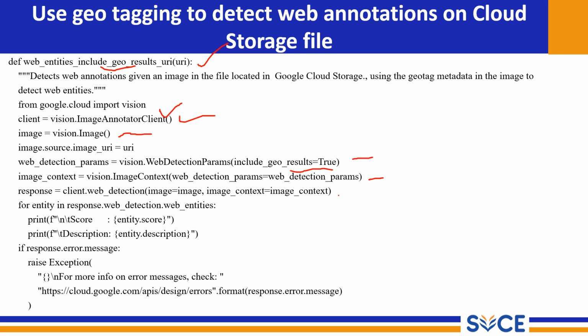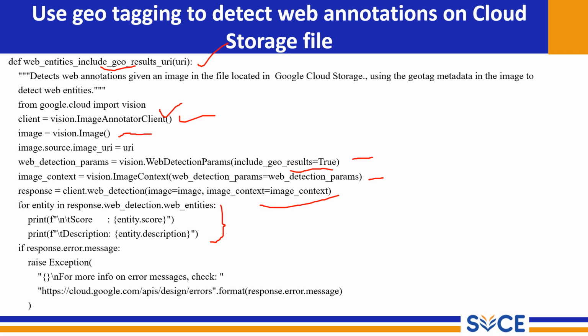Here we are sending the request to the Vision API to analyze the image using web detection, considering the geotag due to the context which was set earlier. Here we are processing and printing the result, which iterates through a list of web entities found by the Vision API.